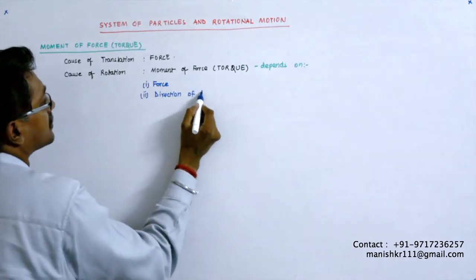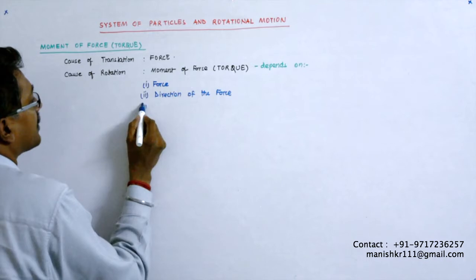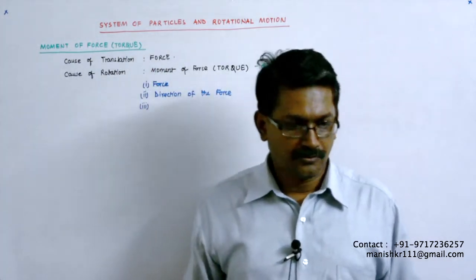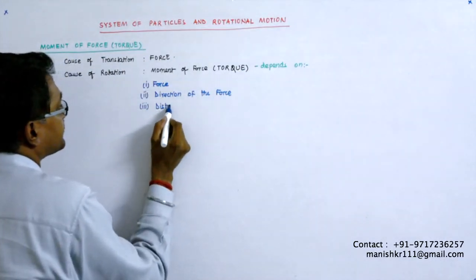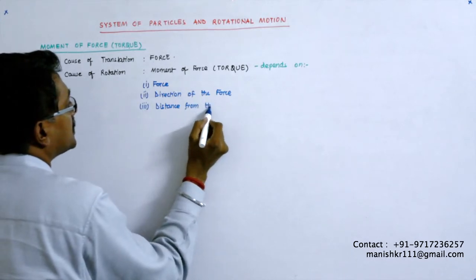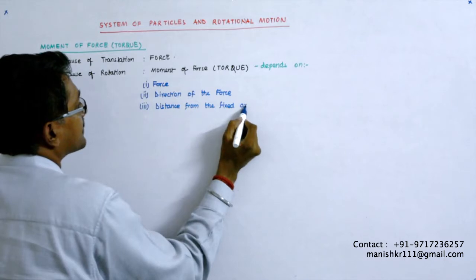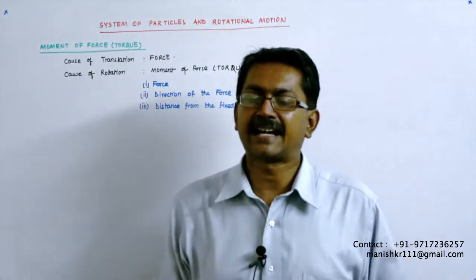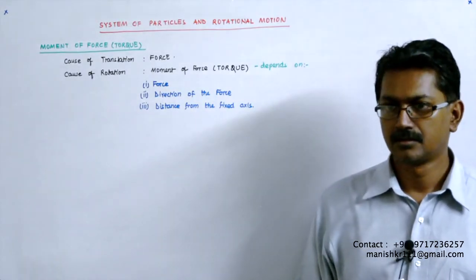And another thing, its distance from the fixed axis. Correct? So distance from the fixed axis is something that is very, very important. Is it not?